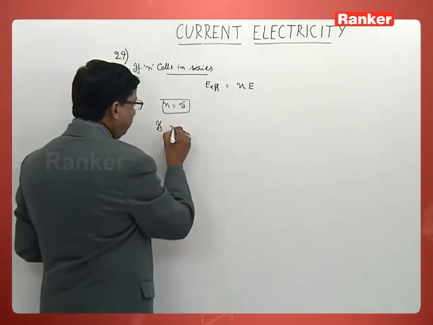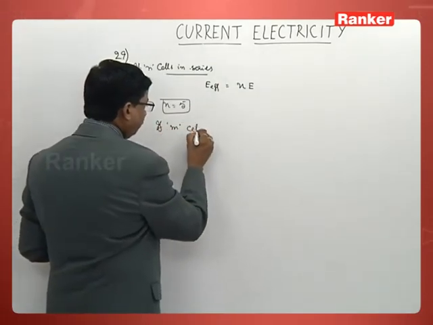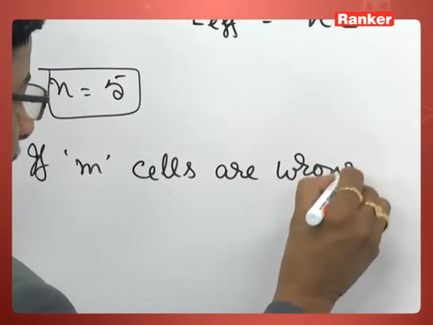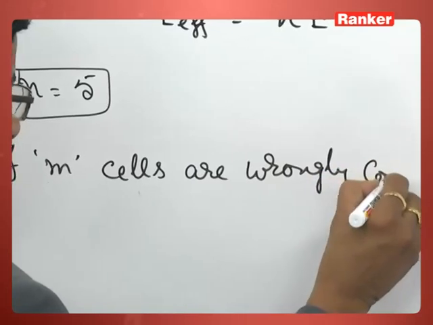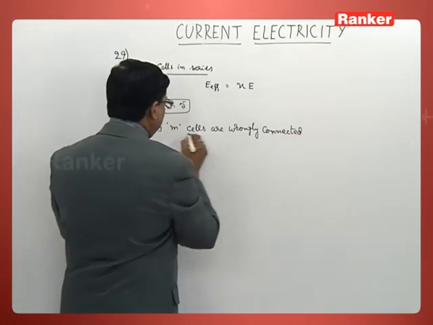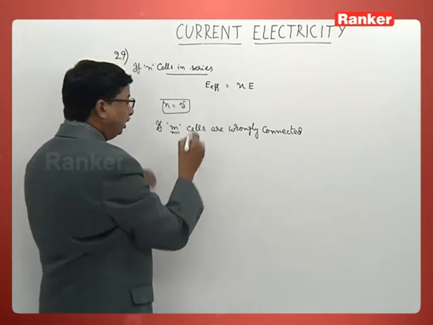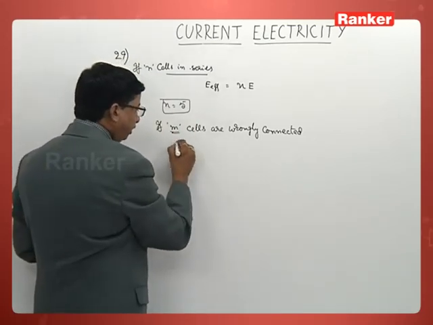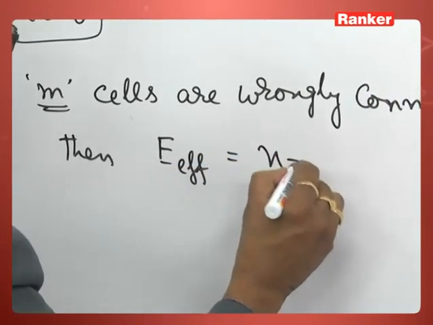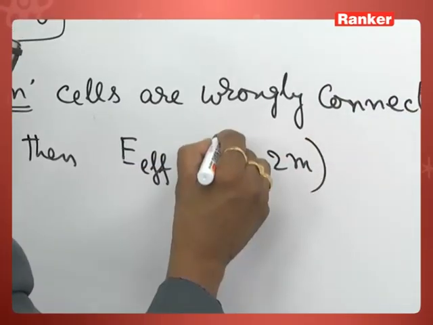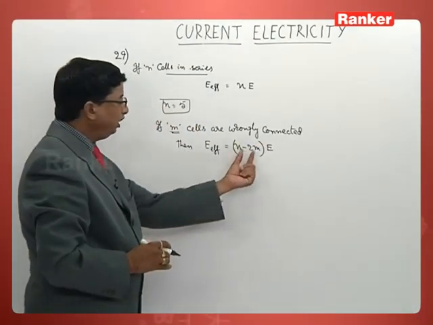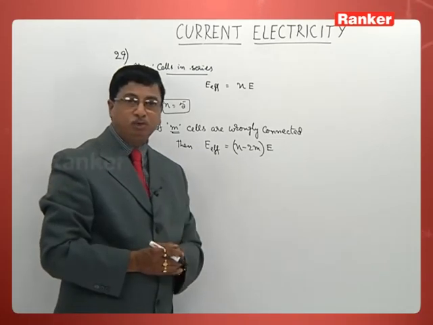If M cells out of N are wrongly connected, observe this wording carefully, then effective EMF will be (N minus 2M) into E. Why we are writing 2M, I have just now explained.